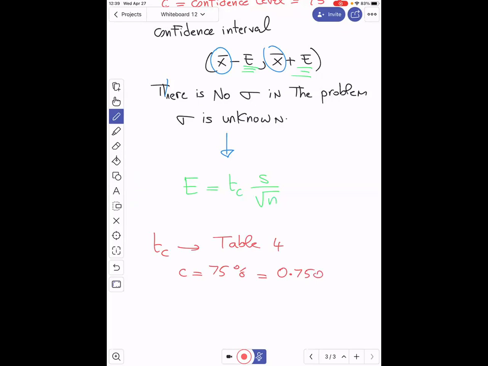And then you need the degree of freedom, D.F., which is simply N minus 1. N is just the size of the sample. We have 6 lions, so that's 6 minus 1, which is 5. So our C is 0.750 and degree of freedom is 5.